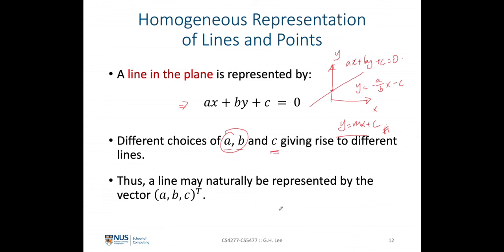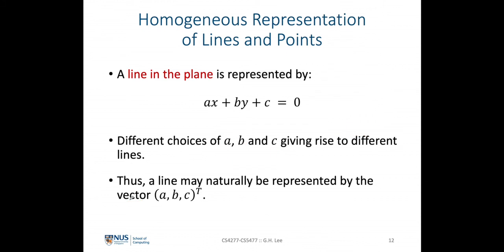Thus, a line can be represented naturally by the vector of these three numbers a, b, and c, without needing to be concerned about x and y. Hence, in the homogeneous coordinate representation of lines, we simply make use of the coefficients of the line equation in 2D, a, b, and c, to represent lines.